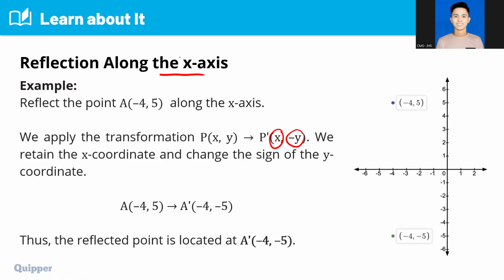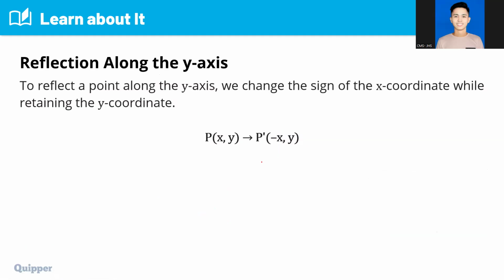That simple. So for example, we have (negative 4, 5). The answer will become (negative 4, negative 5). We just changed the sign of the y-coordinate. Clear? Thus the reflected point is located at A prime (negative 4, negative 5).